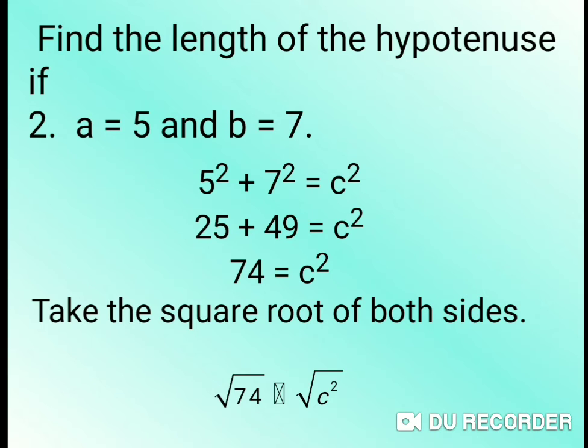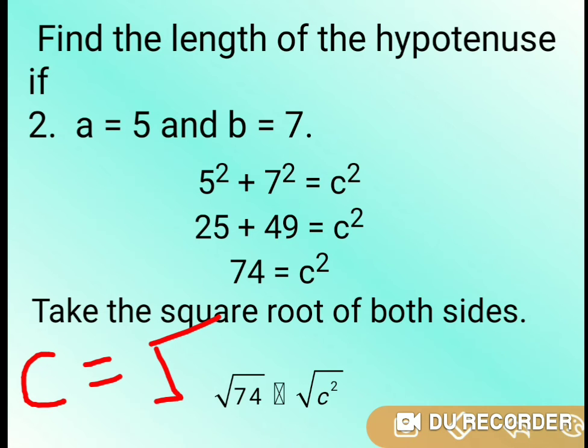So you can say c, that is the length of the hypotenuse, is equal to root 74. This is your final answer. So the length of the hypotenuse is root 74.